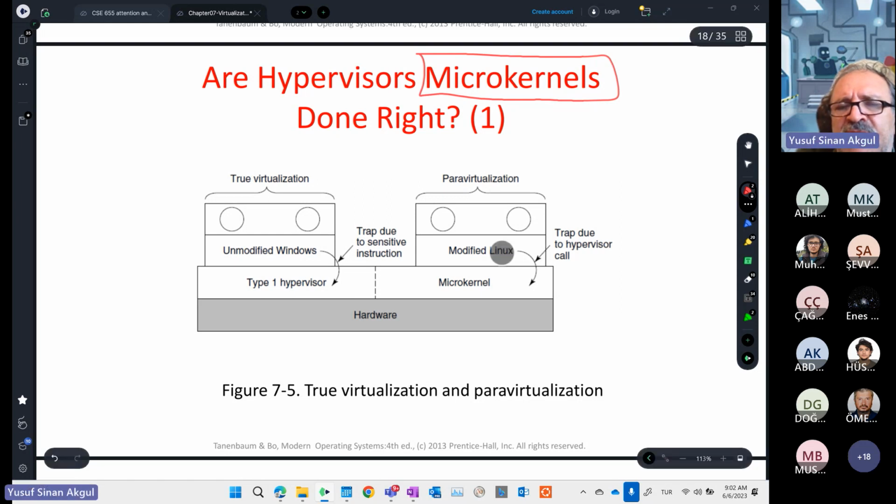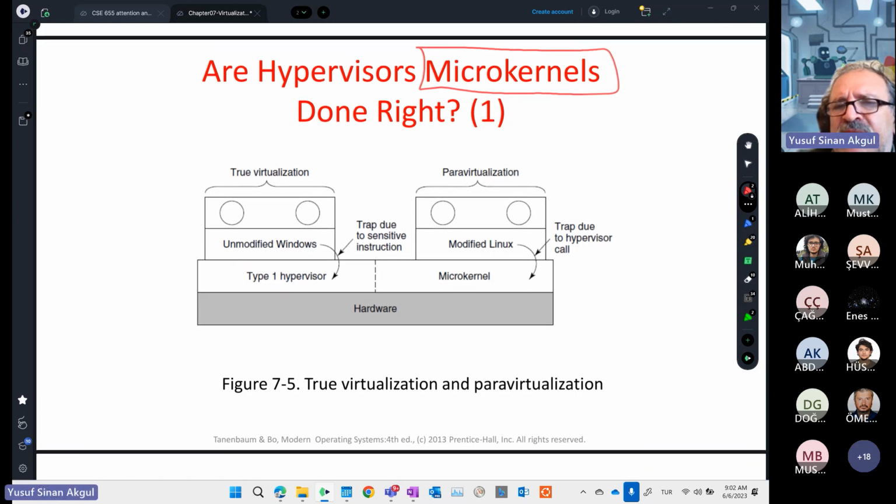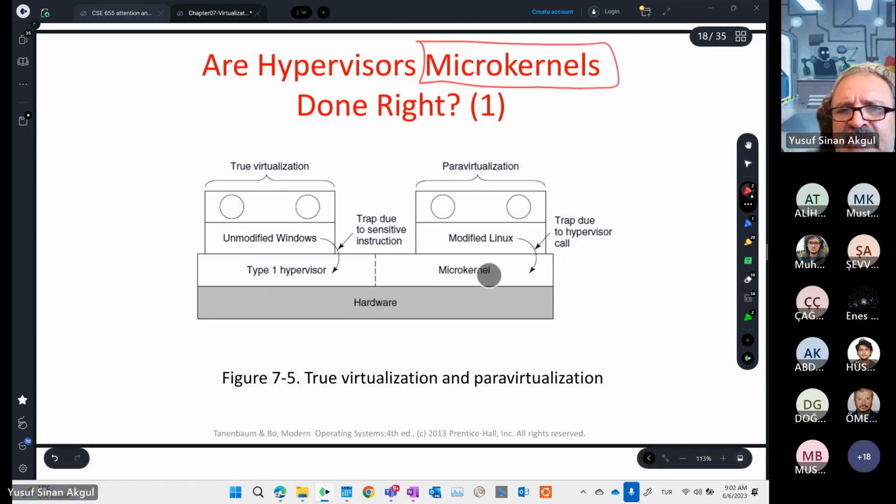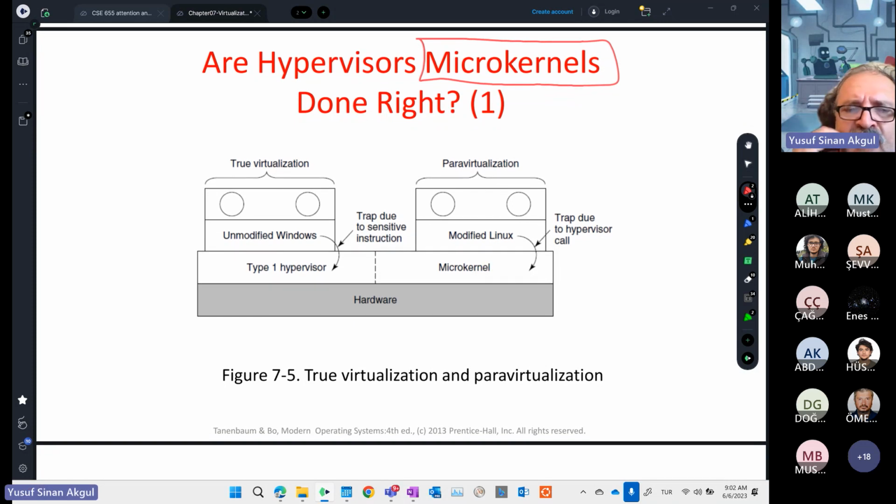Now this modified Linux knows that it doesn't have access to the hardware. It has to make hypercalls, and those hypercalls are handled by this specialized hypervisor. So this is another way to look at microkernels.